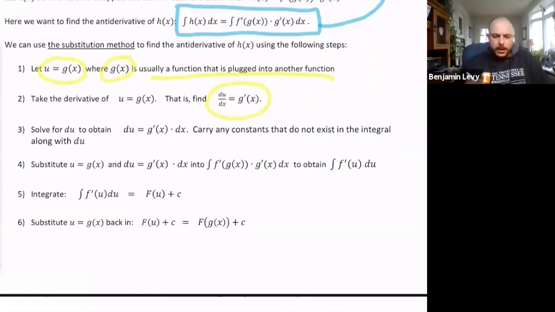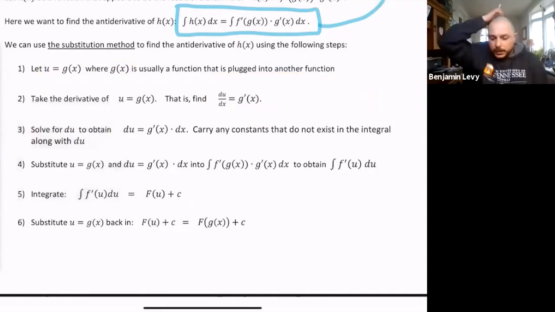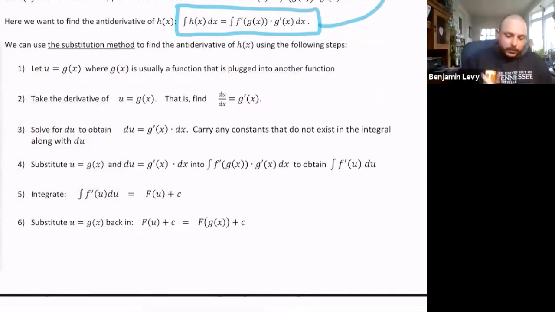So let me erase some of these highlight things and add some actual words. Sometimes it's hard to convey what I'm trying to say on the iPad here, so I'll try to highlight it, but it's good to add a couple words here. So we'll go through these steps in detail as I do an example, but I think the first step is important.